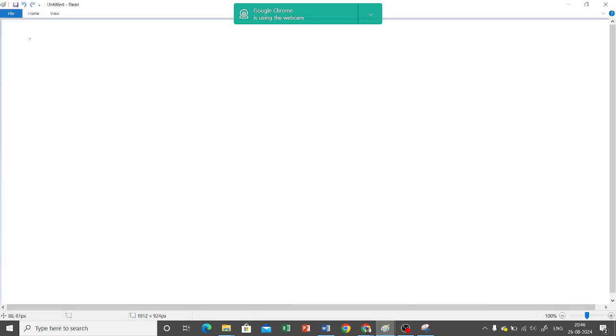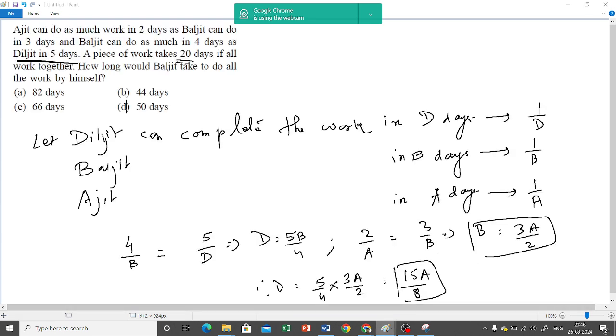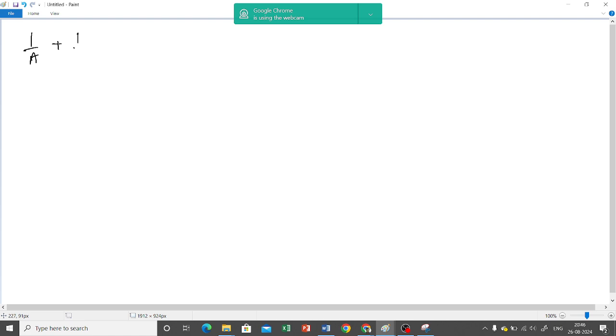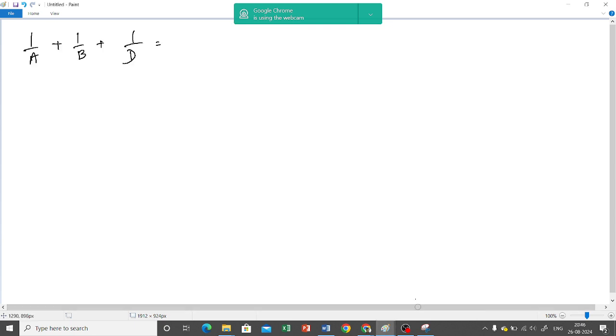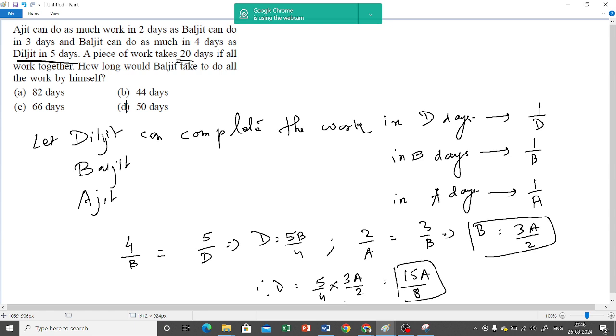That means 1 by A plus 1 by B plus 1 by D is equal to what? 1 by 20, right? If all of them work together, then in 1 day how much amount of the work will be completed? 1 by A plus 1 by B plus 1 by D.